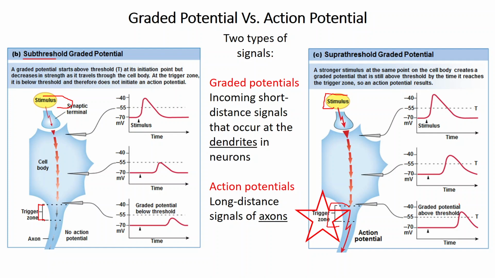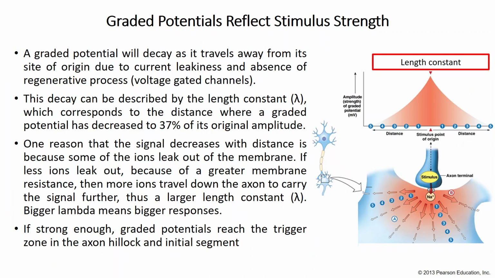Okay, good. And so the graded potential loses its strength before it reaches the axon hillock because of the leakiness of the ions in the cell body. So the graded potential will decay as it travels away from the site of origin. And this decay in the signal has been given a name, which is the length constant.